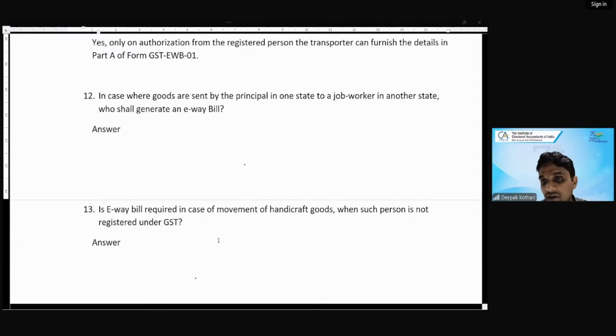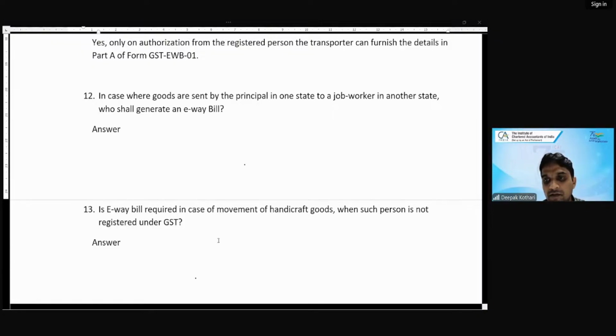Good. The transporter will furnish the e-way bill too. Consigner or consignee can also generate the e-way bill if goods are handed over to the transporter. Transporter Part B; anyone can generate the e-way bill.